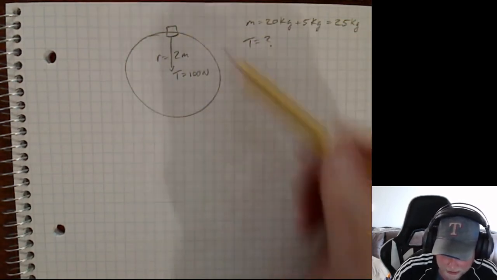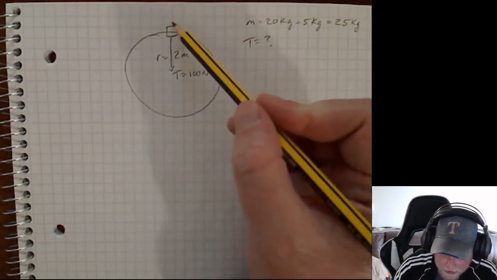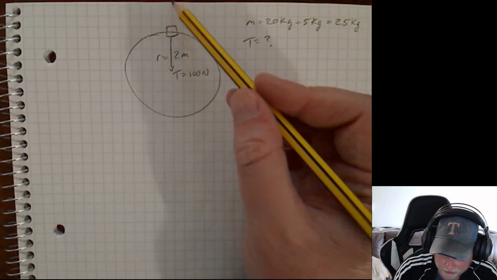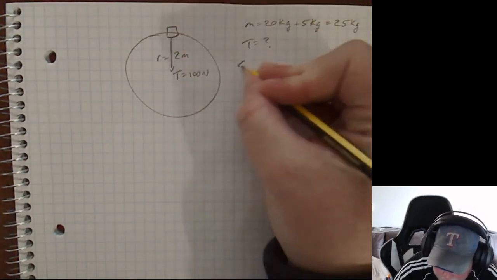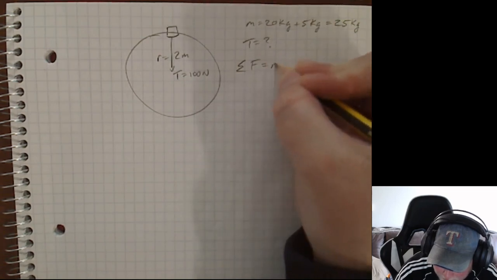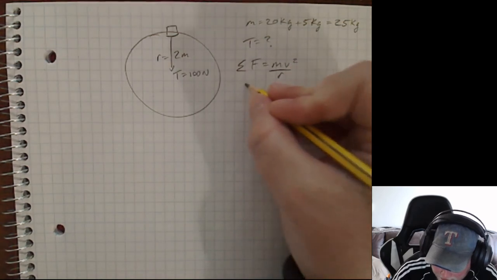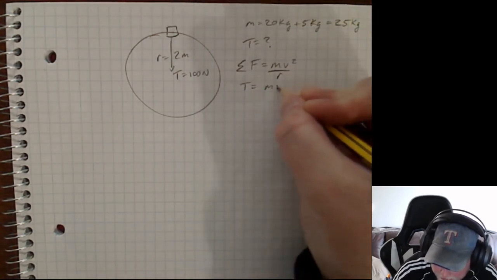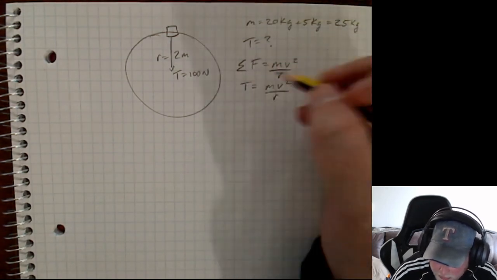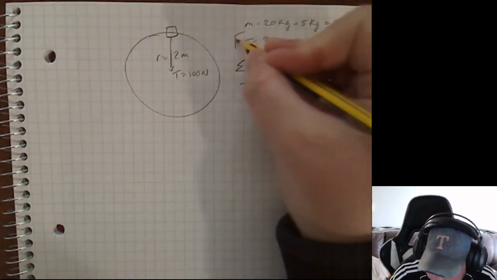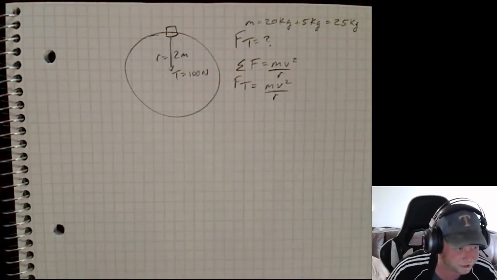Now, in this case, there is no other force acting horizontally. Again, this is an overhead view of the child being swung around by the father. So there's no other force acting horizontally on this other than tension. So if we look at net force being equal to mv squared over r, well, tension is equal to mv squared over r. And since T is period in this unit, we might want to put F_T to be extra clear.